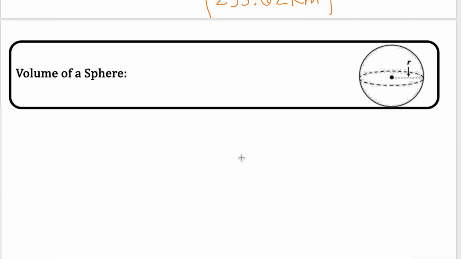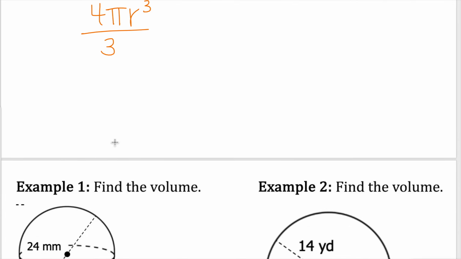On the back of our notes, we have the volume of a sphere, and that is the formula 4/3 pi r cubed. For me, though, what makes more sense is to take 4 times pi times radius cubed and then divide everything by 3. That's exactly what we're going to see here in example 1 for this section.